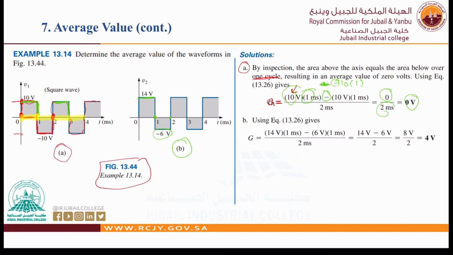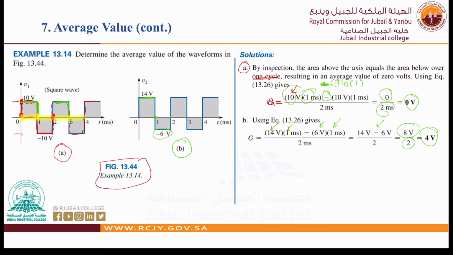So the two levels are different. So 14 multiplied by 1 second, because it's already 1 second between each value, minus 6 volt multiplied by 1 second also. So 14 minus 6 is 8, divided by 2 milliseconds, which is equal to 4 volt.